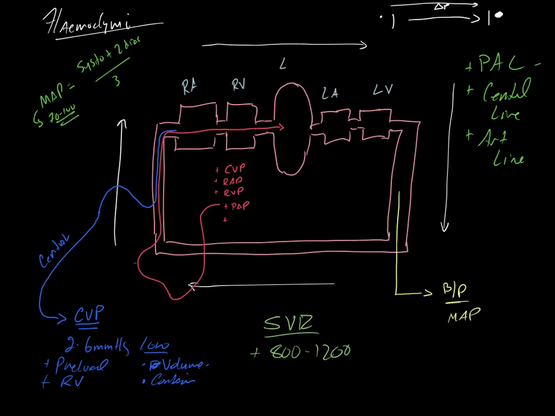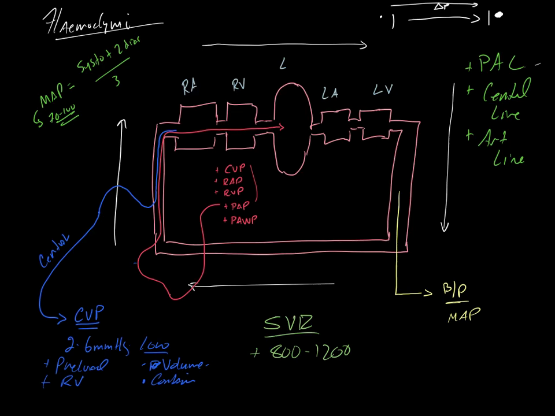So all of these look at all sorts of stuff, right? Preload, afterload, in the heart, in the lungs. But when you inflate the distal balloon and you get your pulmonary artery wedge pressure, right, you cut out all of the right-sided interference and you're looking at the left side of the heart.